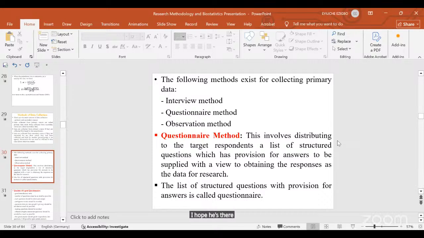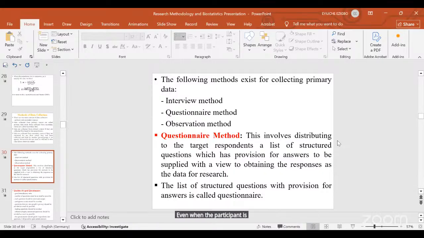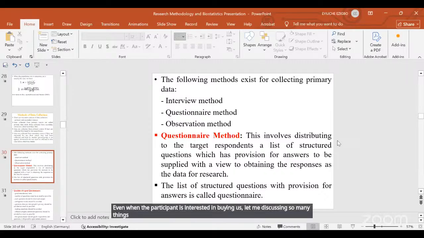And why I say it's a structured discussion is because you cannot just sit down with the participant and begin to discuss so many things that are not part of your research. Do you understand? Even when your participant is interested in discussing so many things that are not relevant to your research, it is your responsibility to be doing what? To be guiding the discussion.